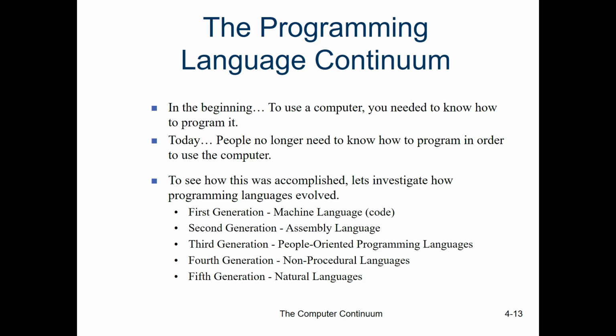To see how this was accomplished, let's investigate how programming languages evolved. First, languages were machine code, then second generation, assembly language code, then third, people-oriented programming languages, fourth, non-procedural languages, the languages which we have now, like Python, JavaScript, C++, and fifth generation languages, which are on their way and in progress.